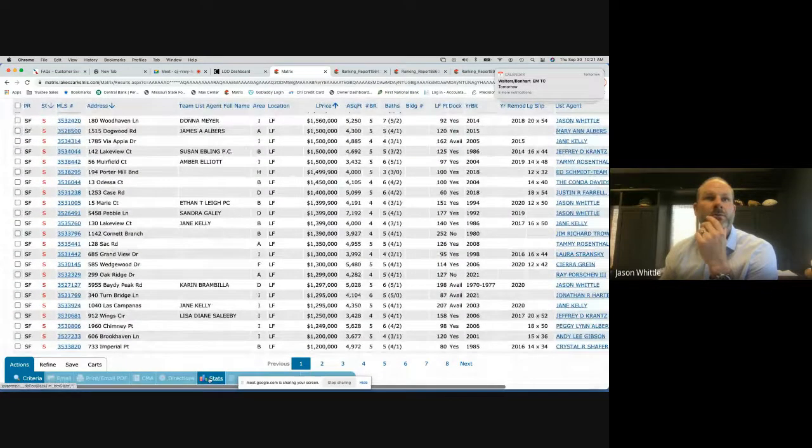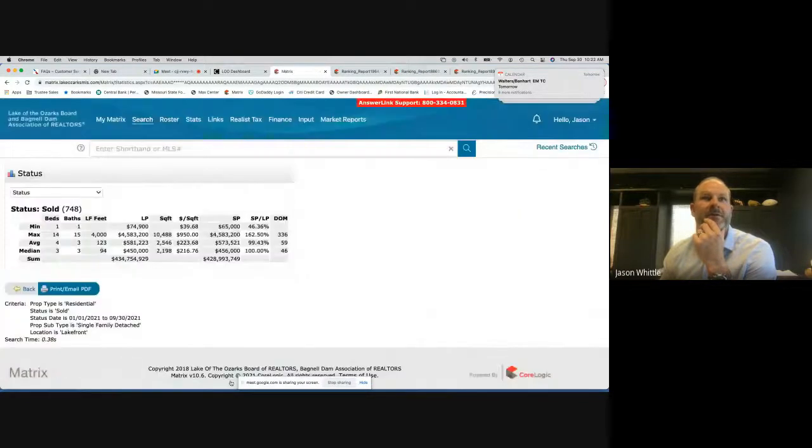But the real value is the statistics right here. You click on the statistics tab, and then there's a chart or tabular. The charts I don't ever use. I use the tabular, and this tells you lots of different stuff. LP is the list price.